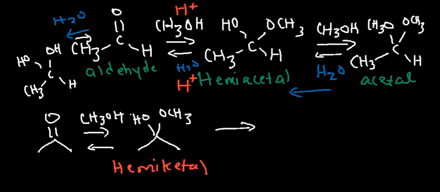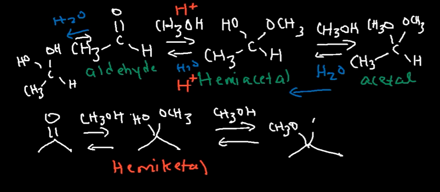And if we continue to add more alcohol, we'll get a complete ketal, which has two OR groups. As you can see, acetals and ketals both contain a carbon that's attached to two single-bonded oxygen atoms. It looks like a diether, so to speak.